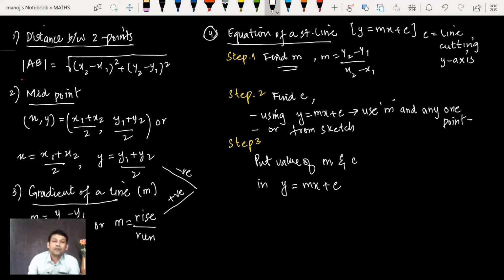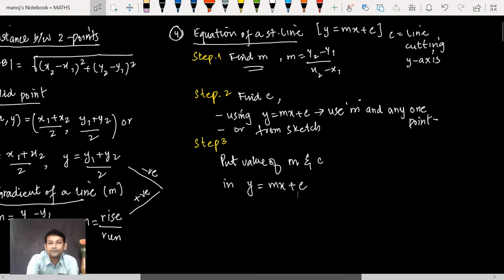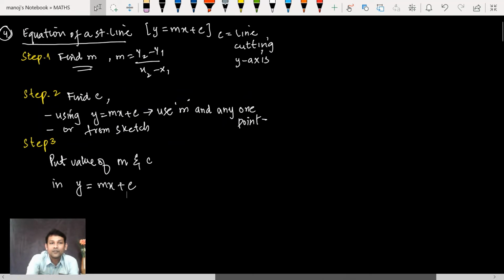Okay. I have some examples here, but before that, once again I want to say this: everything about coordinate geometry, like distance between 2 points, midpoint formula, gradient, equation of a straight line, and one more thing, some conditions are very important in the O levels maths paper. Because you should know.